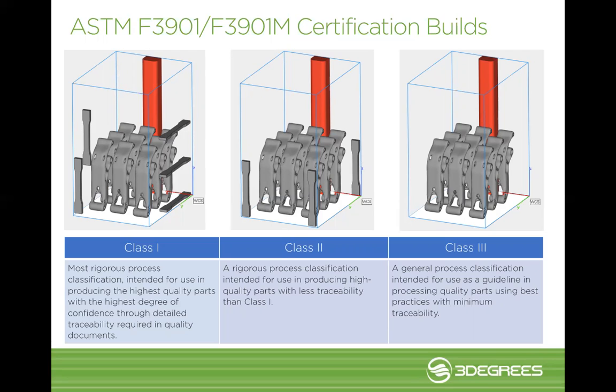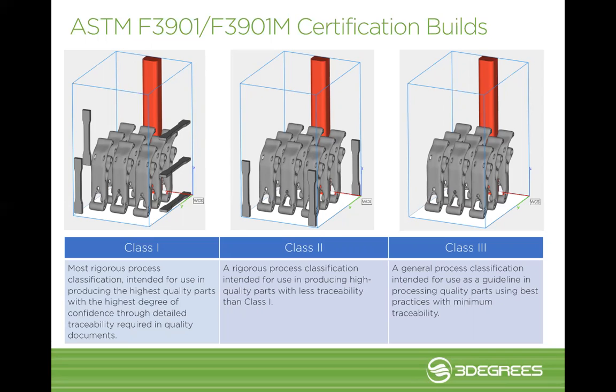If it's a very mission critical part, defined as class 1, this is polymer powder bed again, so mapping to ASTM 3901. You'd have a template for a series of parts along with the representative areas where the tensile coupons might go as well. Then as you get down to a class 2, you notice you have just a handful of tensile coupons that are spanning the X direction of the build.